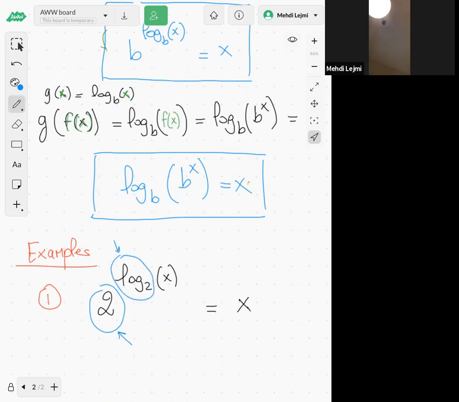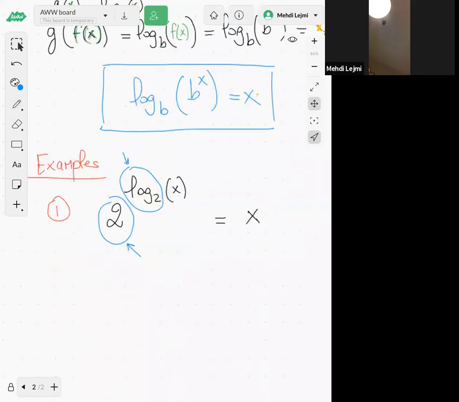Because the exponential and the log are inverse of each other, you are left with x. Or the other way, if you start with the log in base 2 of 2 to the power x, that will be equal to x.